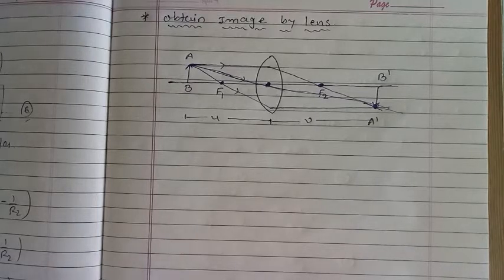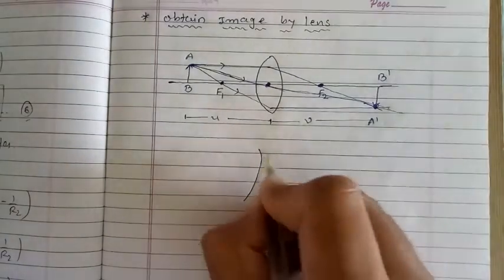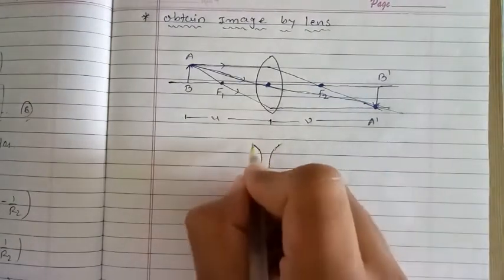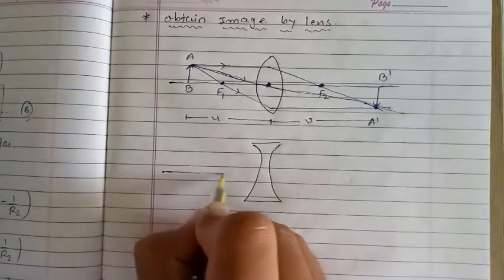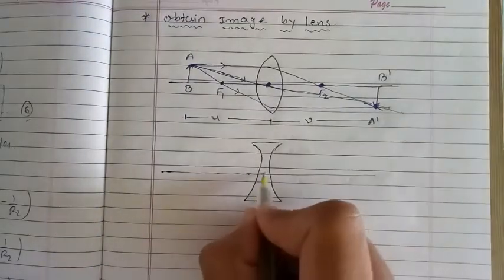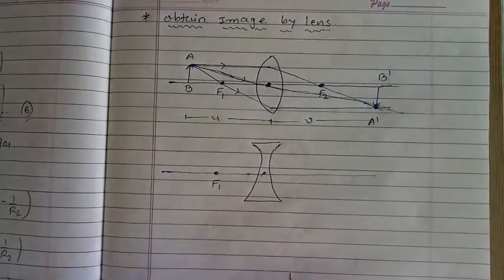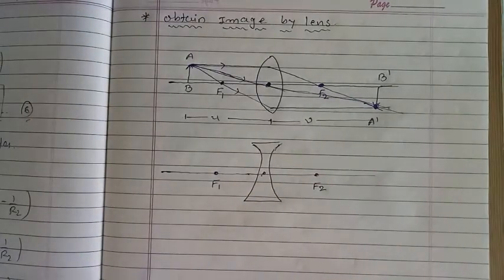Now we discuss the concave lens. See here, this is our concave lens, like this. This is the principal axis, the optical center, the first principal focus and the second principal focus, right?